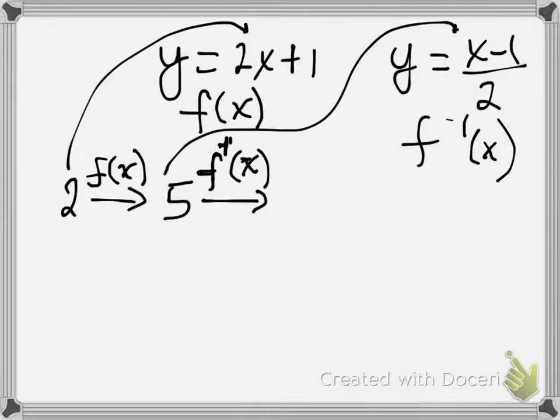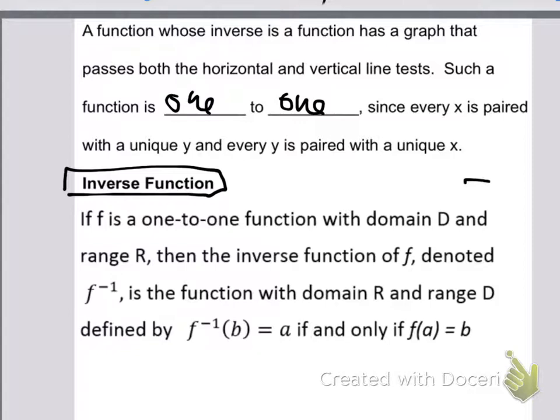So 5 minus 1 is 4, and then 4 divided by 2 is 2. So that's essentially what an inverse function does. Hopefully that made some sense of all that.